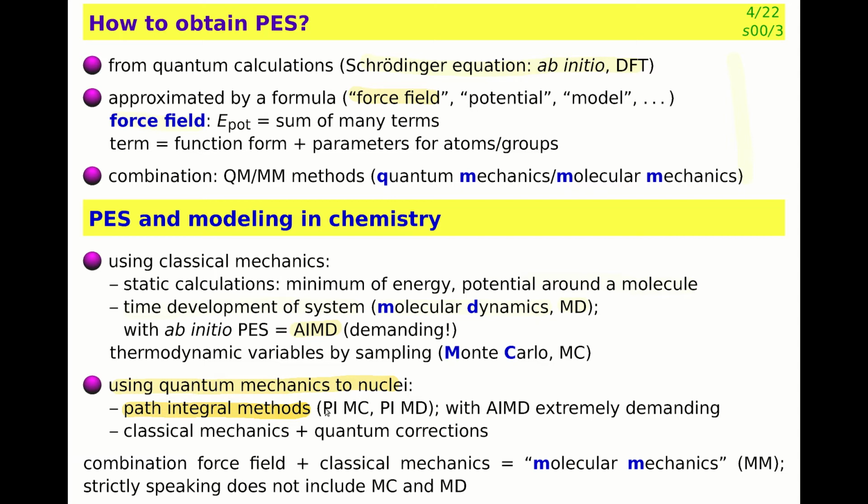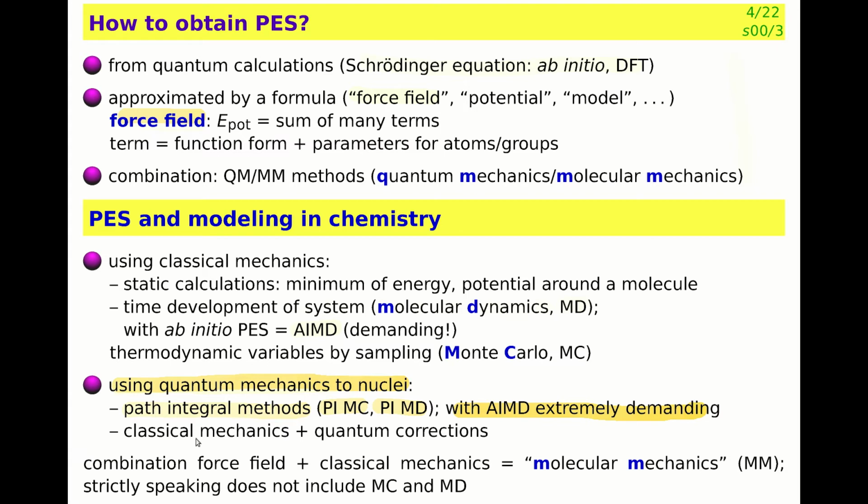We can have both path integral Monte Carlo, we'll see later what's Monte Carlo, and path integral molecular dynamics. Usually this is done with a force field because a combination of both is extremely demanding. Such a quantum simulation is demanding, even with a force field, and a combination would be extremely demanding.